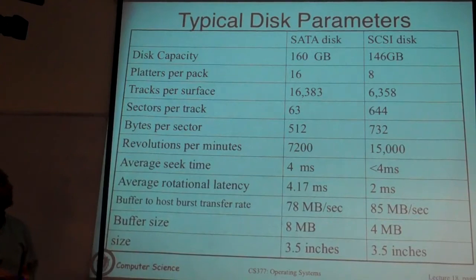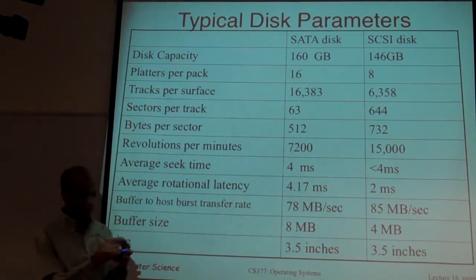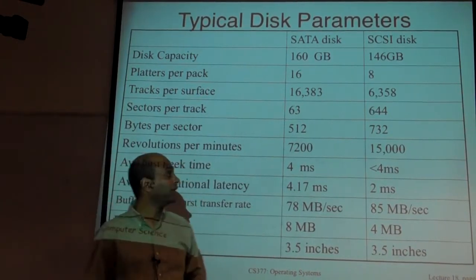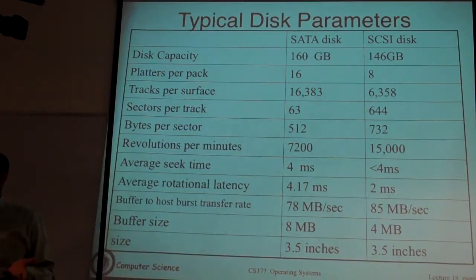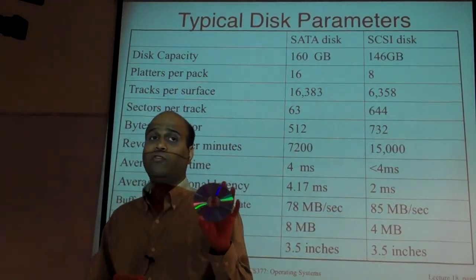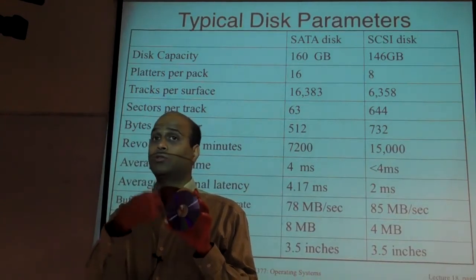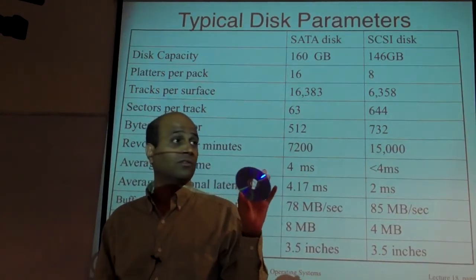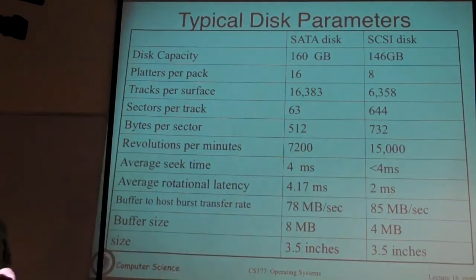So there's quite a bit of data being stored on each. Number of tracks per surface, that's the number of concentric circles on which you can record, on the order of thousands, 6 to 16 thousand, and as disk capacity has increased, that number keeps going up. You need a fairly fine disk head if you are to actually write 16,000 tracks of data on this. Keep that in mind. Sectors per track varies.